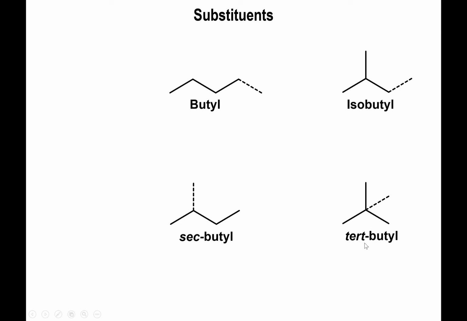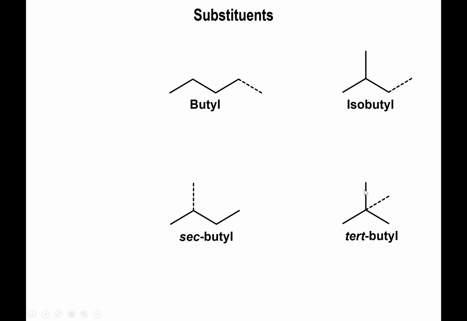And the reason why is because sec stands for secondary, meaning that the carbon in question has 2 other carbons bound to it already. And here the carbon in question has 1, 2, and 3 other carbons bound to it already, hence the name tertiary. So tert for tertiary meaning 3, sec for secondary meaning 2. And these are the new names that we will use as substituents.